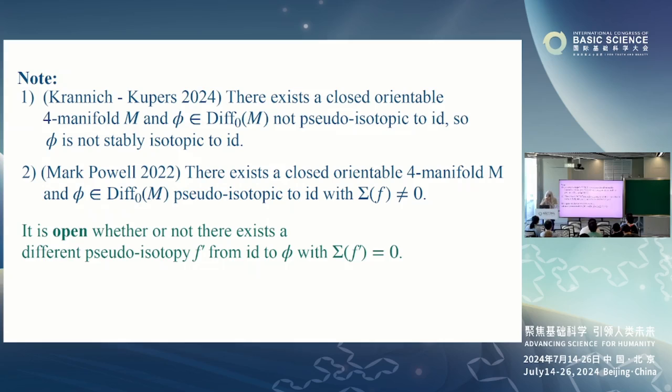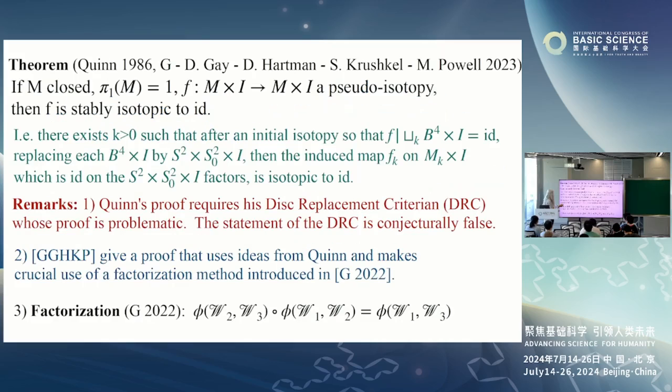Right. Okay, so here's the next item. The previous theorem was about stabilization of a diffeomorphism. Here we have a theorem, basically Quinn from 1986, about stabilization of the pseudo-isotopy itself.